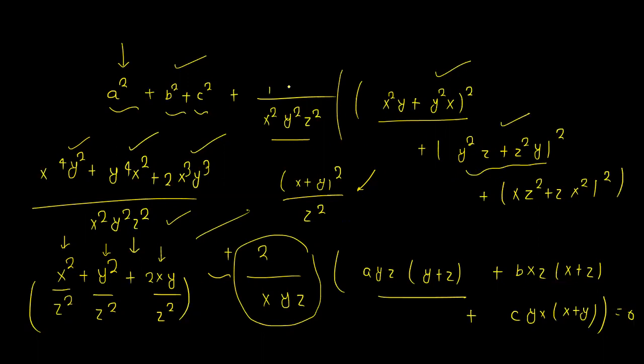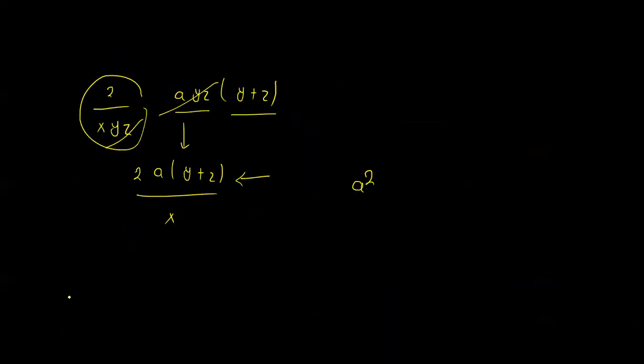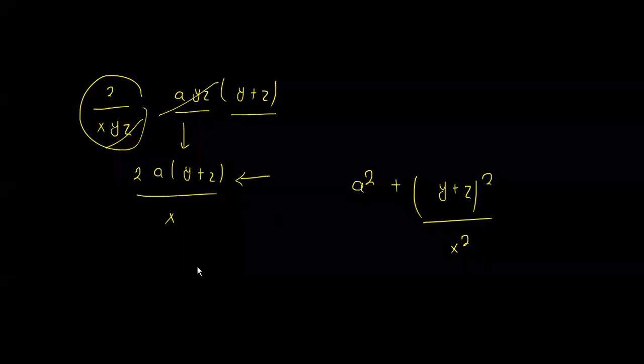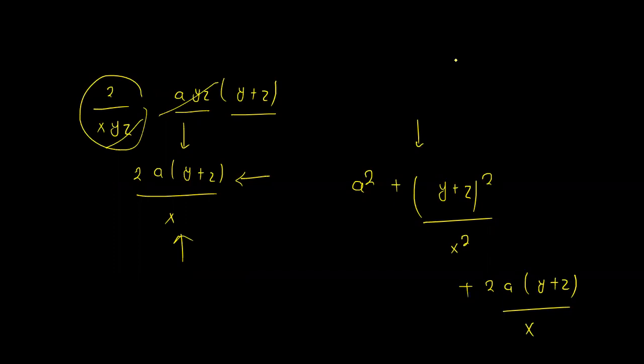If we multiply this by this, then it will become y plus z whole square divided by x square. And third term is this 2 times a y plus z by x. So the whole thing will become a plus y plus z by x whole square. You can easily check that.